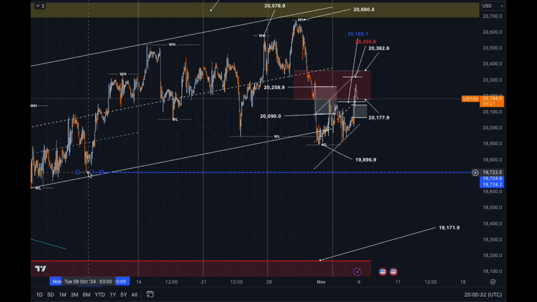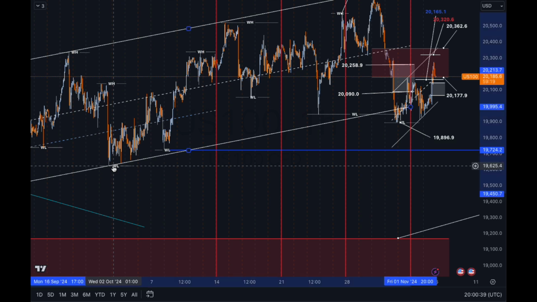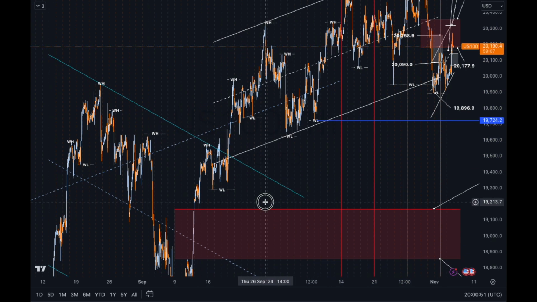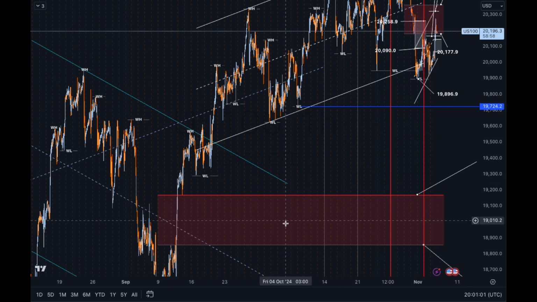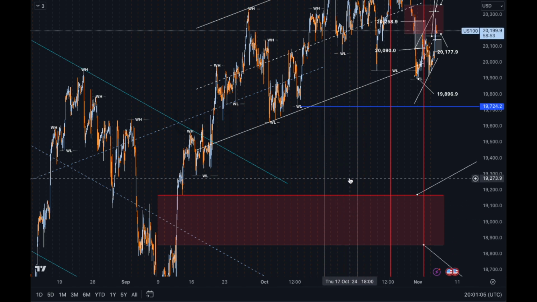If it continues on its journey blasting downwards, then I'll be expecting this level right here to go, which is 19625.4. And if this level goes, then the final level would be this one right here, which is 19287.7.